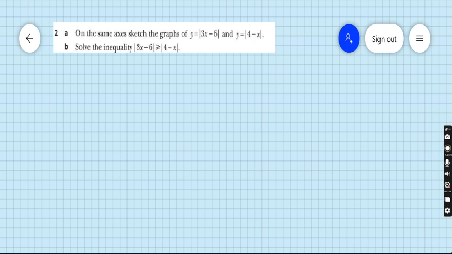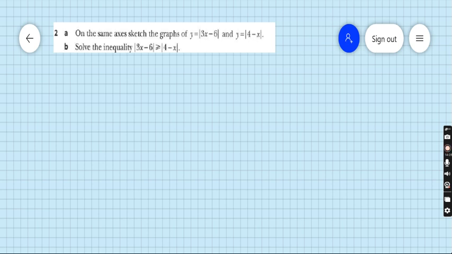Exercise 1.5 is related to this topic. So those students who have not done exercise 1.5, go to my playlist. There is a folder named Add Math. You can watch exercise 1.5 over there. All questions are uploaded.